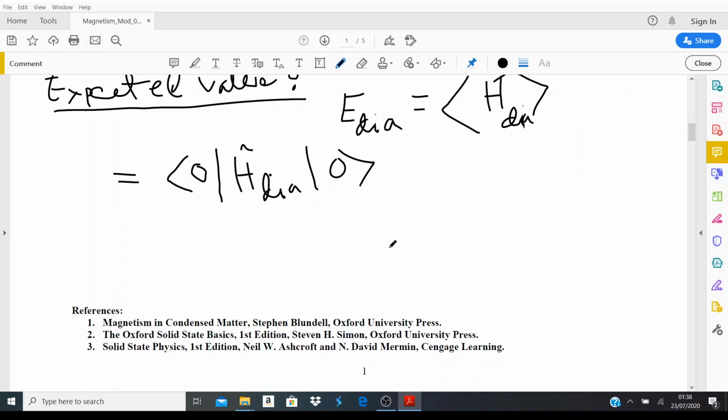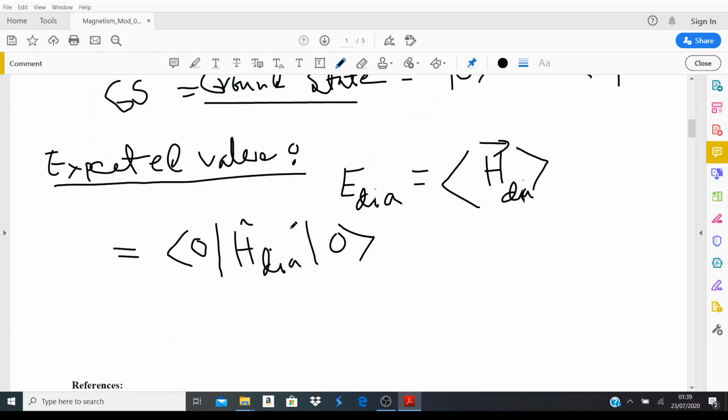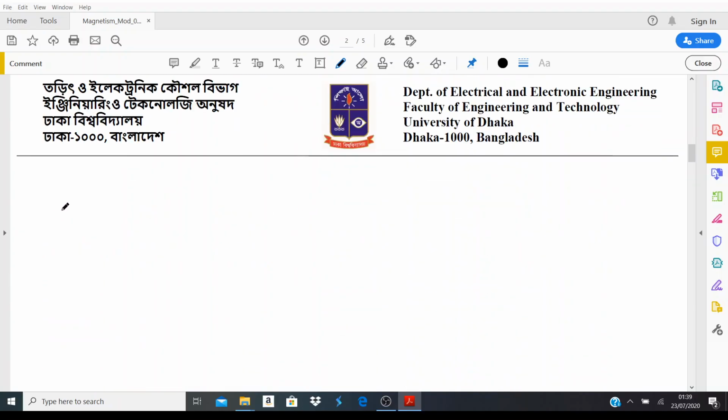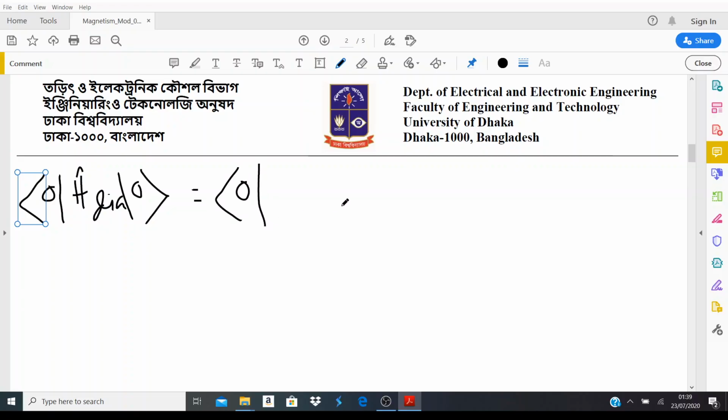Let's try to calculate the expectation value of this diamagnetic Hamiltonian. All we need to do is put the value of the diamagnetic expression from here. So that's our goal. First let's put the expression correctly.